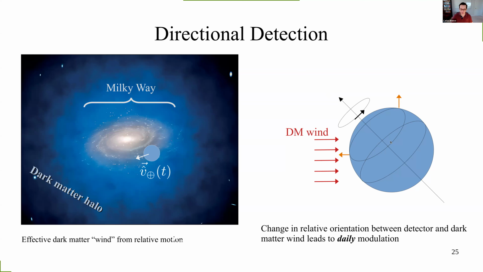Okay, so if you have a detector that can tell the difference between a particle recoil coming from the ceiling and coming from the wall, that might be a good way to get a handle on whether what you're seeing is dark matter or just the isotropic stochastic background that might be in your laboratory.